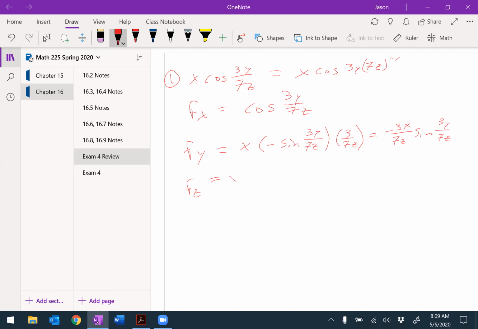So I'm going to get my x, and this is going to be, again, negative sine of the inside. I can keep it as the 3y over 7z. Then let's take the derivative of the inside with respect to z.